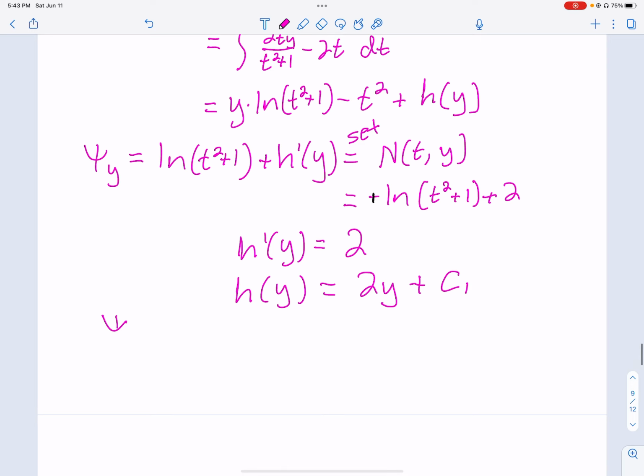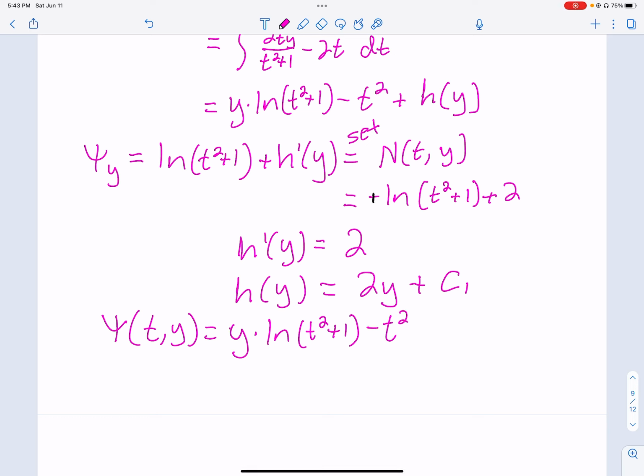So now I have gamma of t, y as y times ln of t squared plus 1 minus t squared plus 2y plus c1. Oh, we don't need a bracket there.